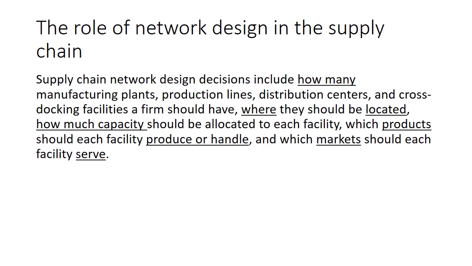So basically, we design our network on the basis of our supply chain strategy, and the supply chain strategy is developed on the basis of the competitive strategy, which we have already discussed in chapter number 2. Okay, so these all are integrated.